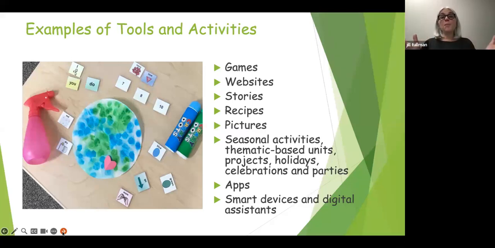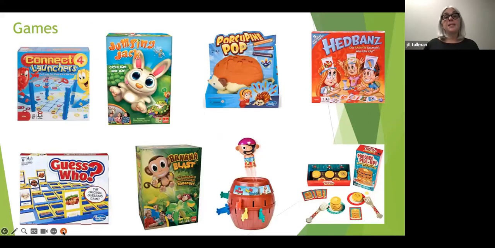There are so many activities that we can do that happen every single year, right? From like, you know, after Earth Day through Memorial Day, we're kind of in this funky spot, but we get through it. So talk about projects, holidays, celebrations, parties, use of apps, smart devices, and digital assistants.